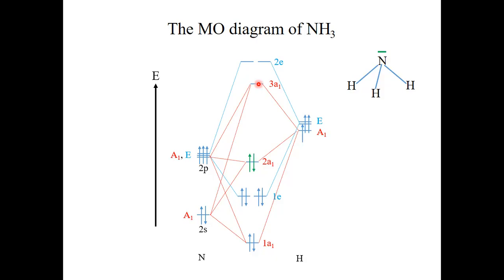It's again insightful to compare the molecular orbital diagram with the simple Lewis dot structure of NH3 to see similarities and differences. So according to this simple valence bond structure here, there are 6 bonding electrons in these 3 NH bonds. Is that confirmed by molecular orbital theory?